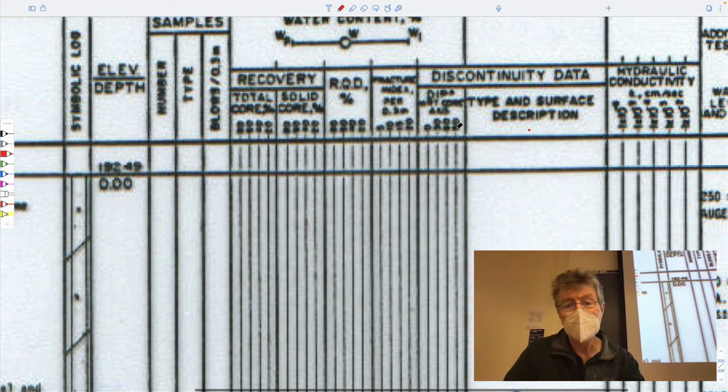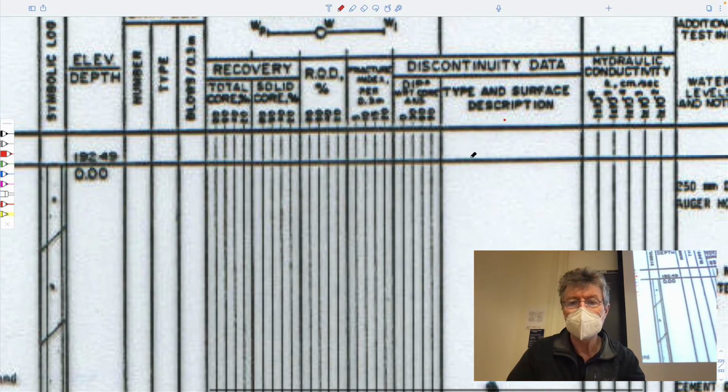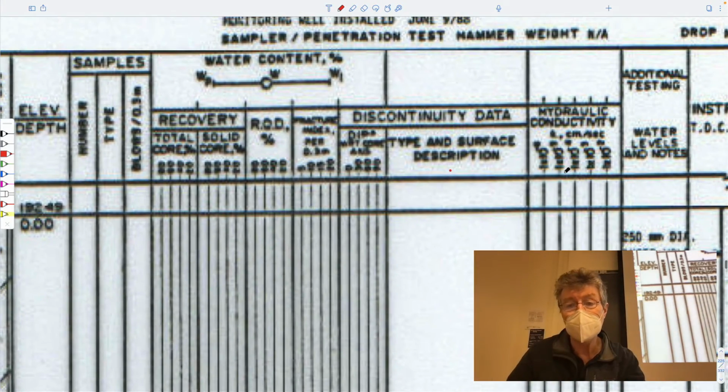That's interesting because if you have a vertical borehole, you tend not to pick up vertical fractures because you can't sample them very easily. Horizontal fractures you'll get lots of because they cut across the whole bore. There are no measurements of permeability here, so you could do a pump test in situ and identify the conductivity of the sample.